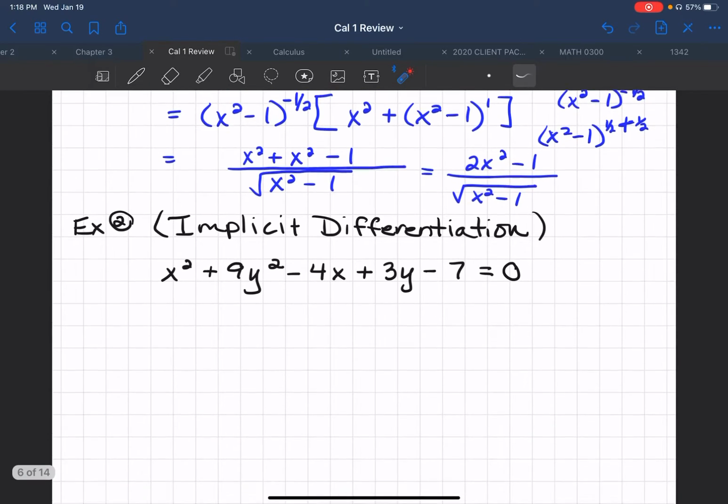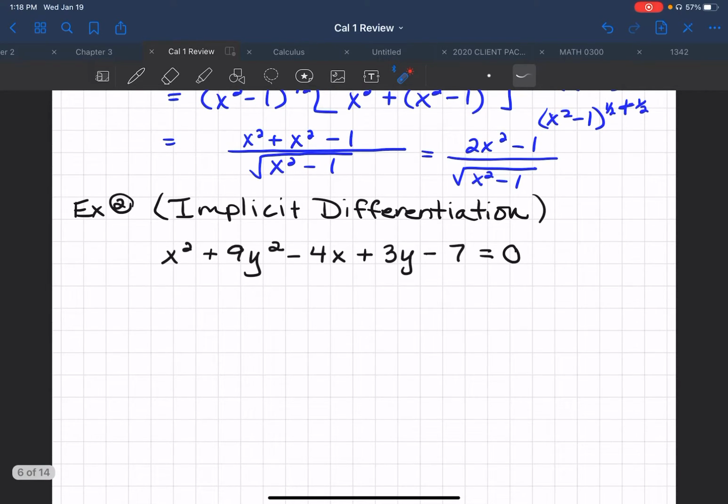The next example is implicit differentiation, and here we're going to find dy/dx. So here we've got two variables and it's an equation that equals 0. And we're going to take the derivative with respect to x.